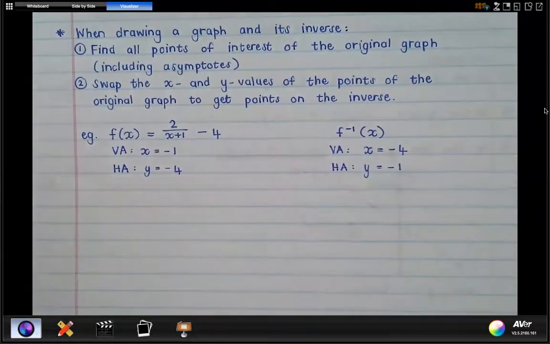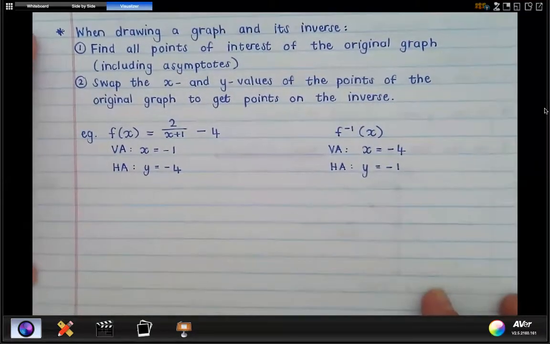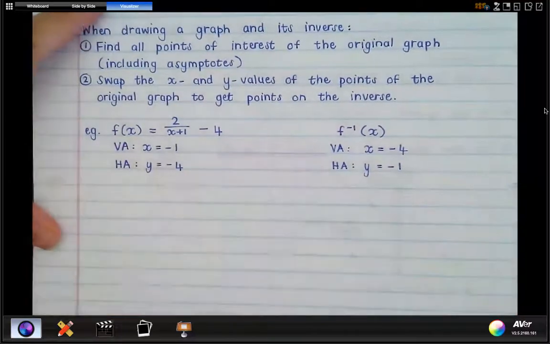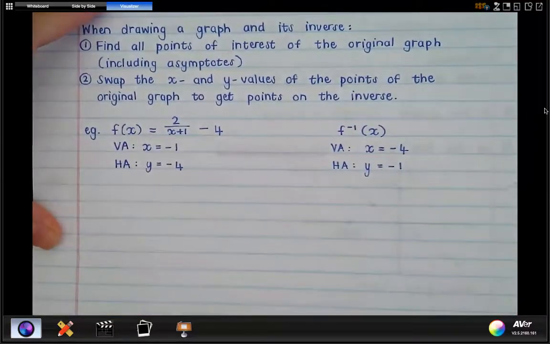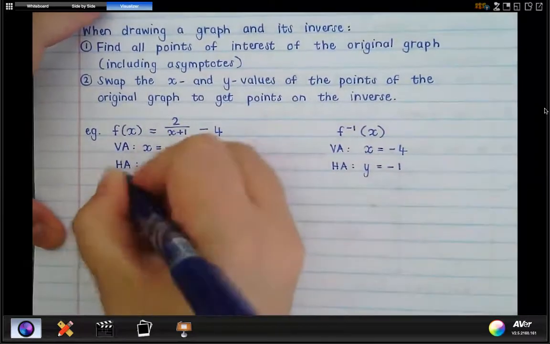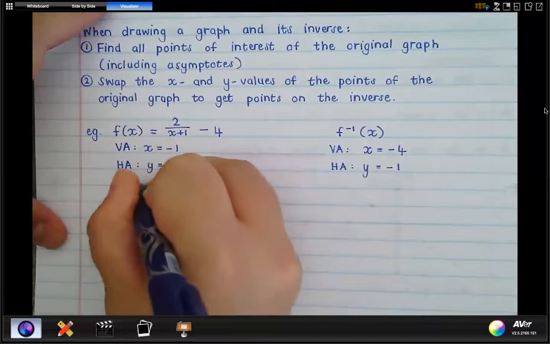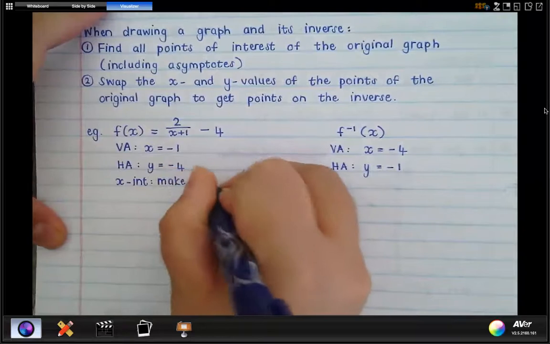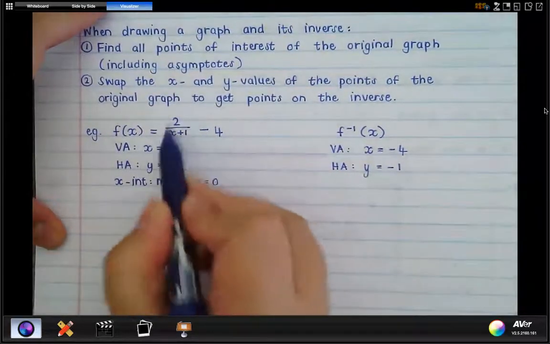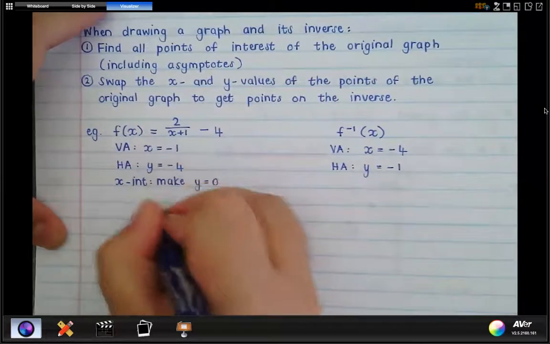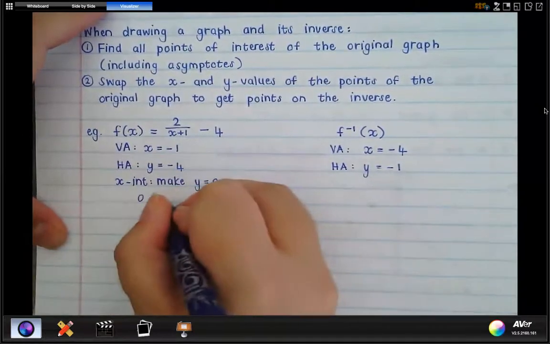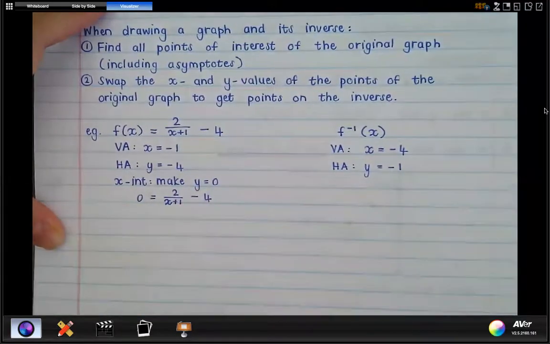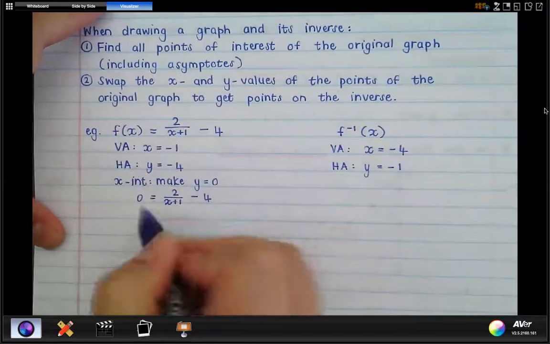Okay, now when we are finding a hyperbola, when we're trying to draw it, we need to find the x-intercept and the y-intercept. And remember, not all hyperbolas will have both an x and a y-intercept, but we just need to do the calculation to see. So for the x-intercept, we need to make y equal to 0. So remember, this whole thing is equal to 0 now. So I'm going to say 0 is equal to 2 over x plus 1, minus 4. Right, so we're making y equal to 0. I'm going to move that -4 over.